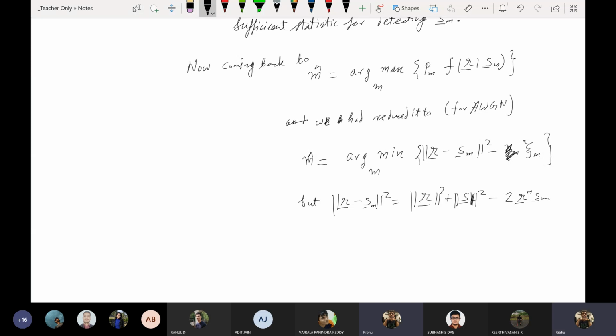So now the norm of R is independent of the index m, right?